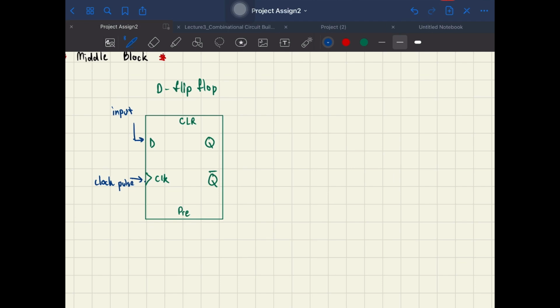This flip-flop is active high, and these two pins are output pins. But Q prime is the output complement, I mean, the inverting of Q, the inverted output pin.